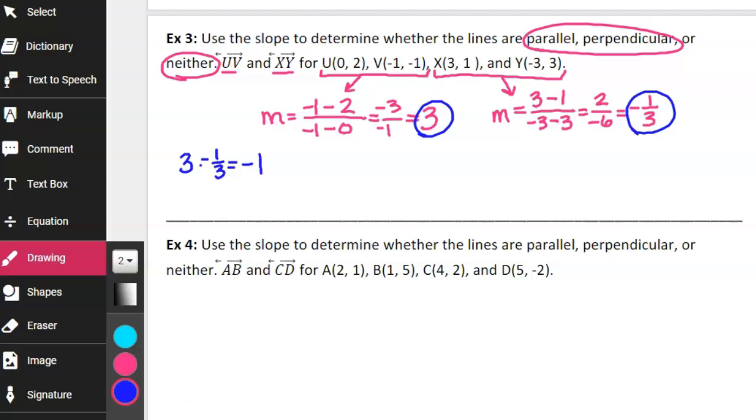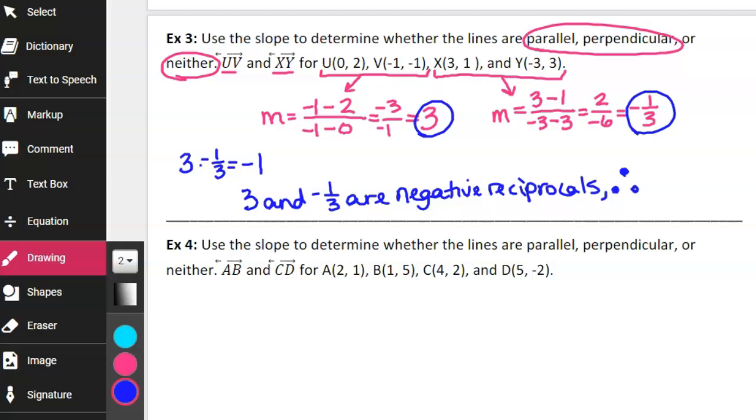So because these two slopes have a product of negative 1, and 3 and negative 1/3 are negative reciprocals of each other, therefore, and by the way, if you do not know this, 3 little dots in the shape of a triangle in math mean therefore.